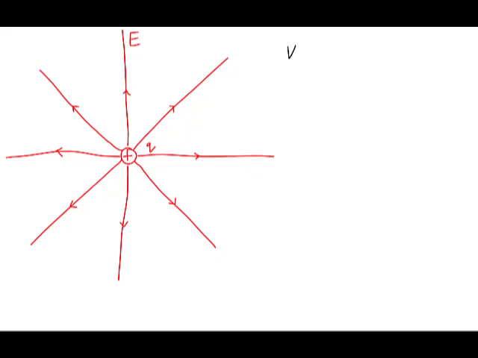As we've seen, the electric potential due to a source charge Q depends only on the amount of charge that we have, Q, and the distance away from that charge for point charges.